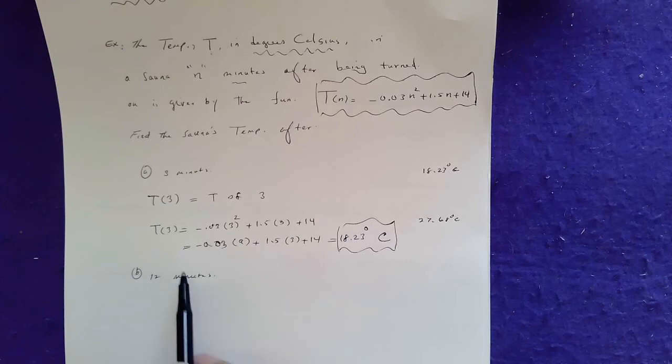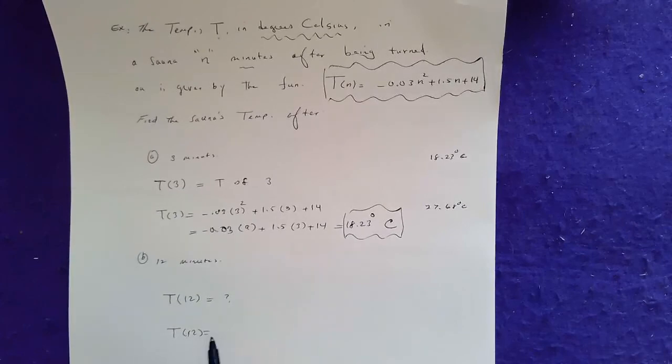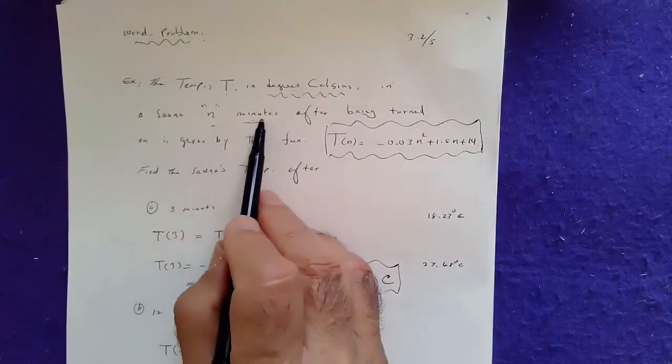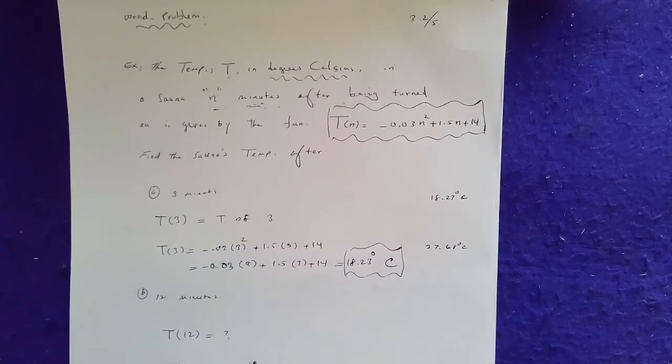Part B is, what will be the temperature of the sauna after 12 minutes? In the land of mathematics, after 12 minutes, that translates into finding T of 12. Okay, so T of 12, if you go back to this equation, replace the n's, which happens to be the time because they said so, the minutes after being turned on, the sauna, that is.